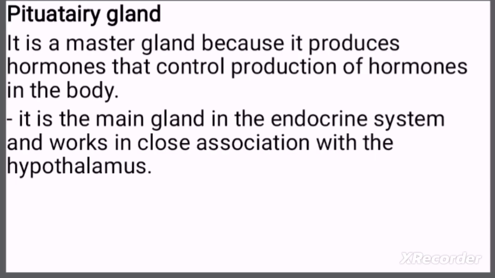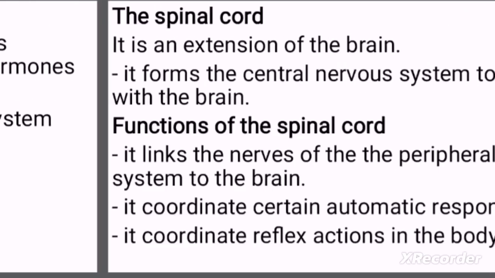Hormones. They are carried by the blood from where they are secreted to the place where they are supposed to work. So that is the endocrine system, while in the nervous system, impulses move electrically. Here they move with the help of blood.